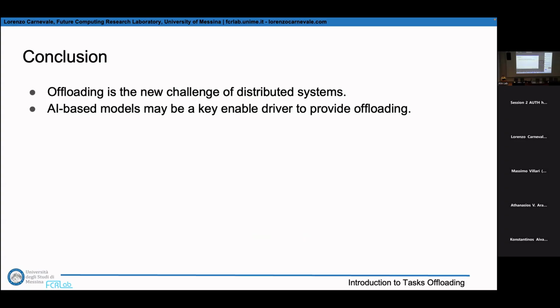Offloading, anyway, is a challenge. It's still a running challenge in distributed systems, and it was born along with the concept of computing continuum, so something that was born no more than 10 years ago, something like this. Artificial intelligence could be an important key enabler to provide offloading, because as you have seen, many problems are optimization problems.